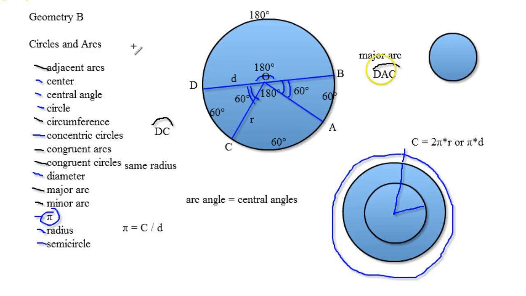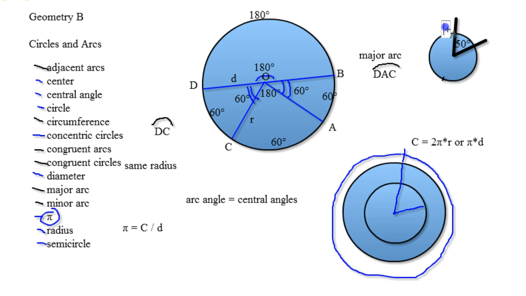For example, if I had a circle that looked like this, and let's say that I had this right here, and let's make this 50. So if this is 50 degrees right here, how do I find the rest of that arc? Now the arc is usually listed like this.